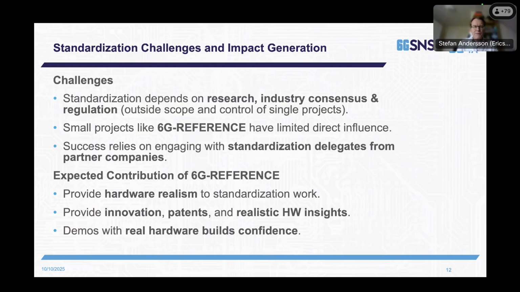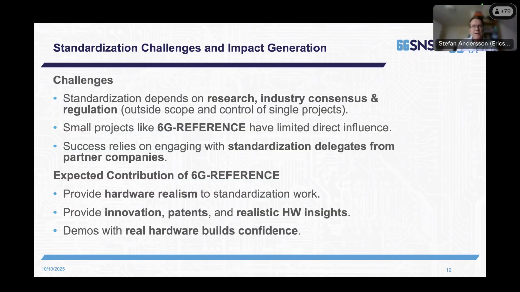So that means that for small projects like our project, 6G REFERENCE, we do have a limited direct influence. So we think that the way to success here really relies on engaging with the standardization delegates from partner companies, and that we should have those companies in each of those projects.